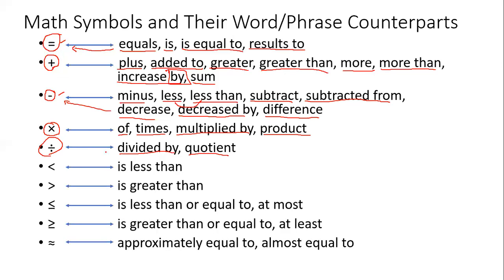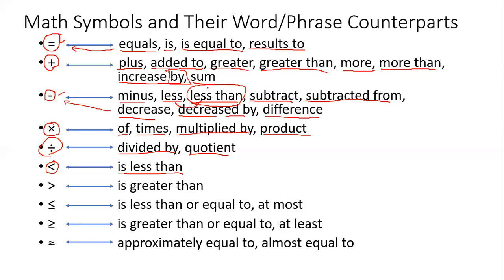Those are the words related to that symbol. Then we have this symbol here. It's read as is less than. Kung papansinin po ninyo, parang similar po siya dito sa ginamit natin kanina. Ayan, dito po.